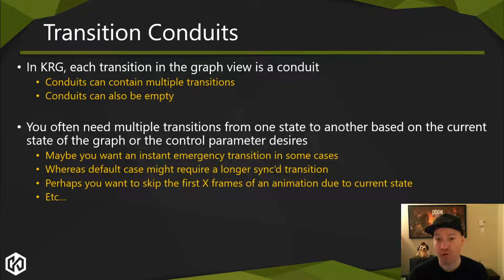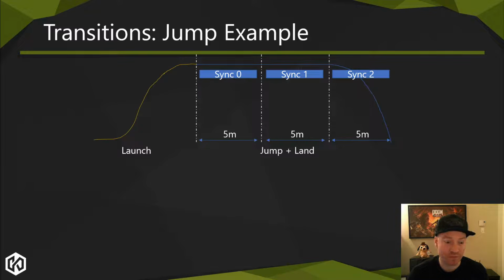Sometimes you want to control where you would start into an animation due to synchronization or just trying to match a foot event, even if you're not synchronized. I have a very simple example. This is from the previous talk I did, where we have a very simple jump. And we've decided that we want to make our jump root motion driven for whatever reason.